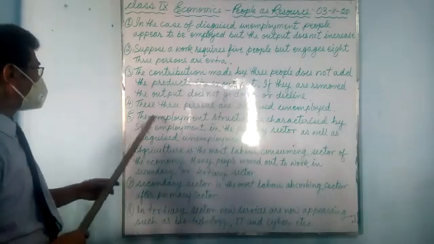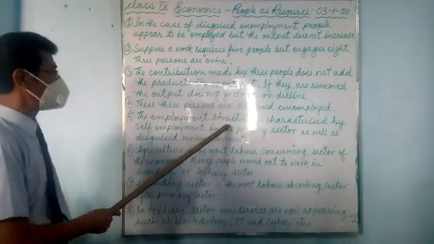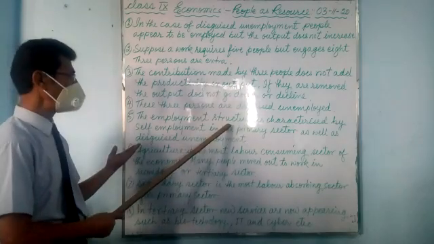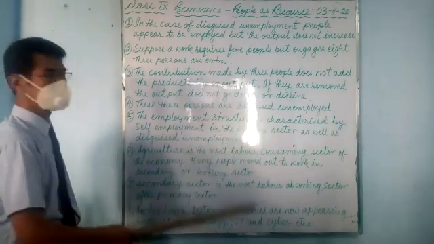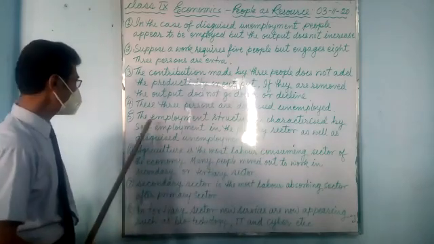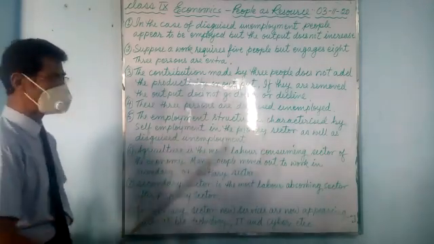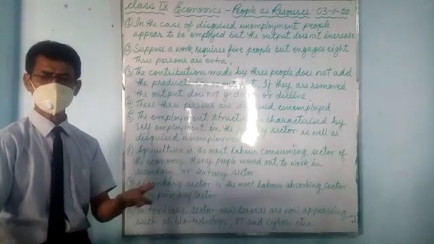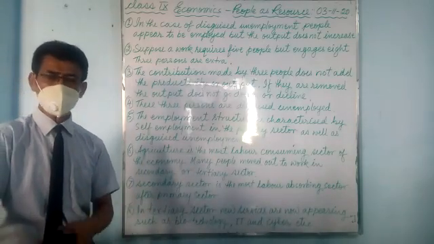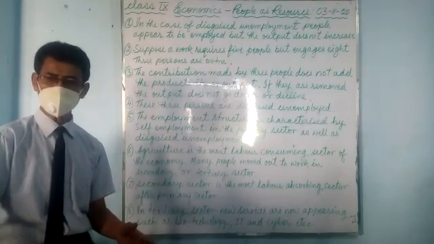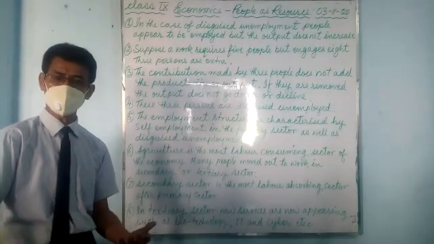So the employment structure is characterized by self-employment in the primary sector. We have learned already that in the primary sector many people in the rural areas are self-employed.